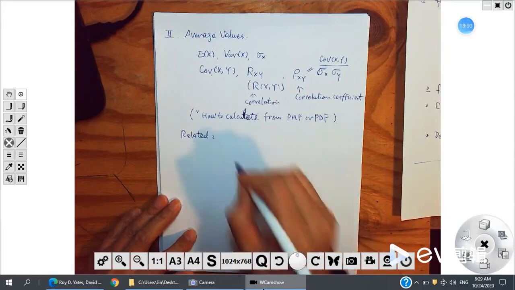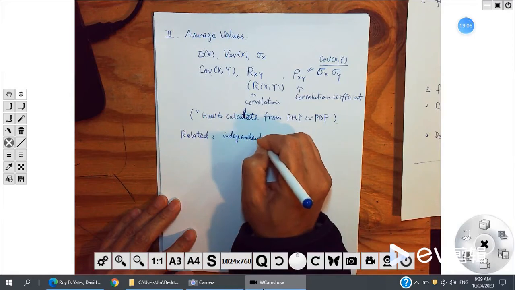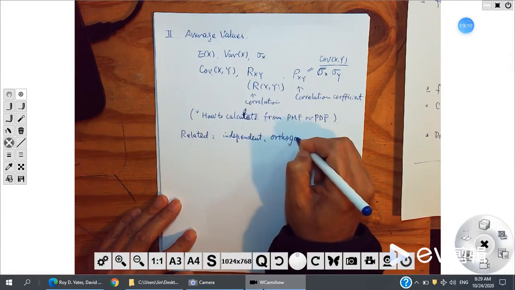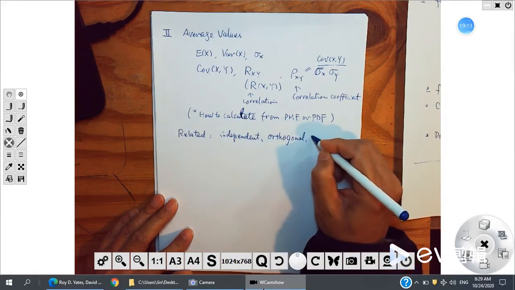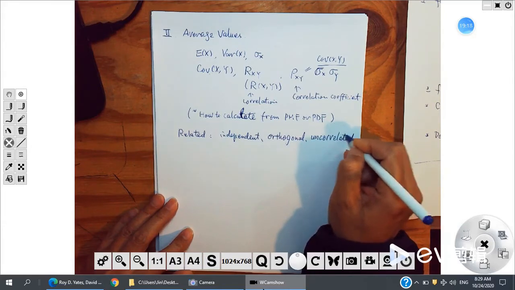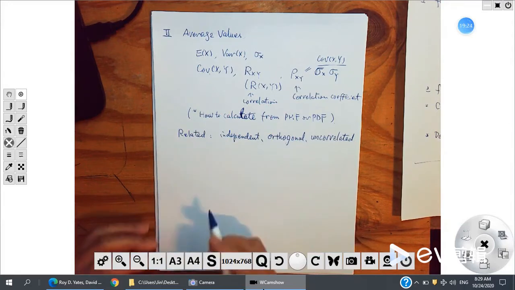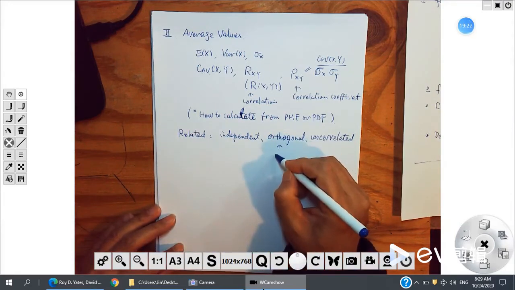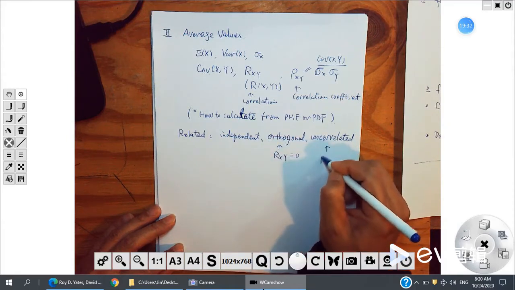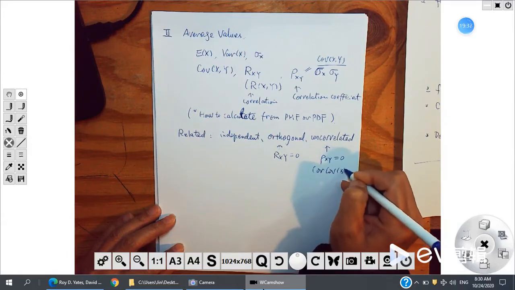We have the independent, we have the orthogonal, we have the uncorrelated. Right, we have these three different kinds of relation between two random variables. This one corresponds to r x y equal to 0. This one corresponds to rho x y equal to 0, or COV x y equal to 0.